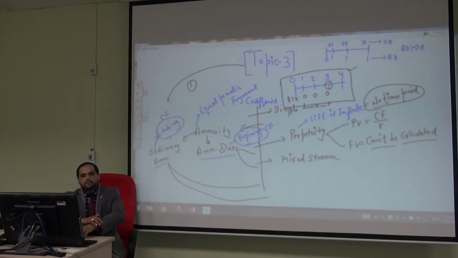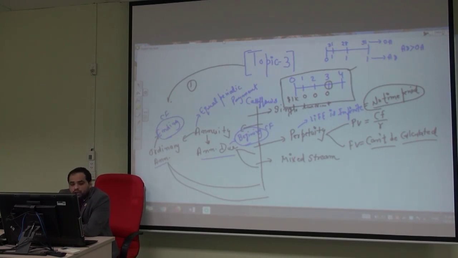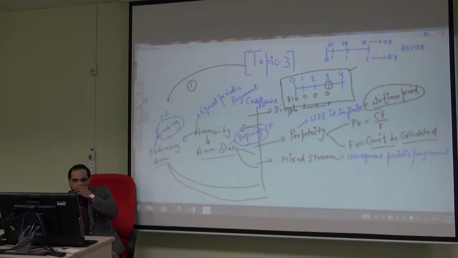Mixed stream means when we have unequal periodic payments. When we have unequal periodic payments, we call it a mixed stream. It means we have mixed cash flows, not the same or equal cash flows.